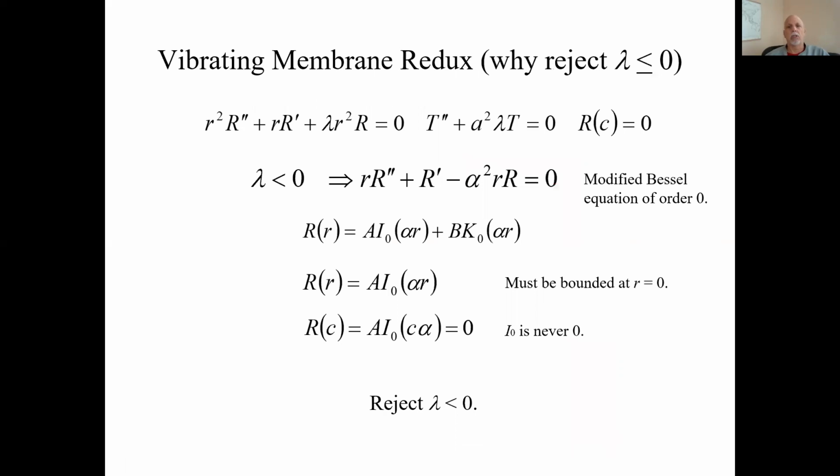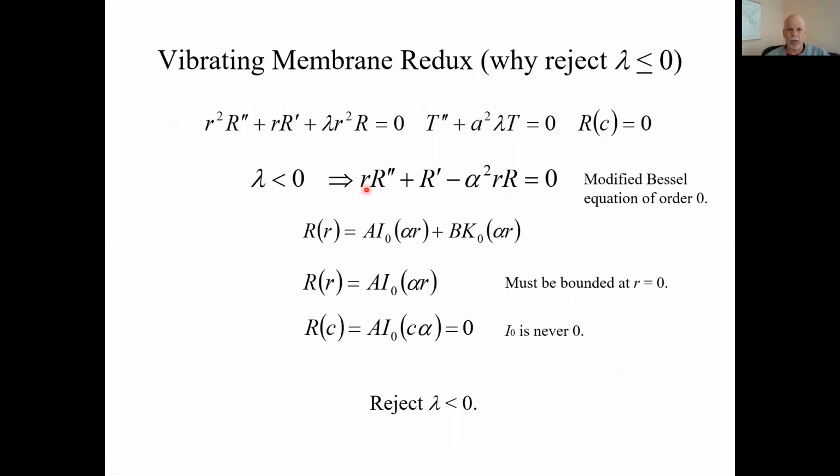Now let's look at the equations we had, especially the R equation. In fact, just the R equation. So here's the R equation, and it had a boundary condition: out at the edge, it's 0. So when lambda is less than 0, here's the equation.